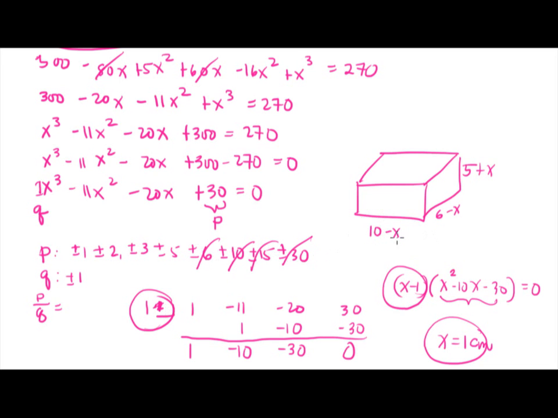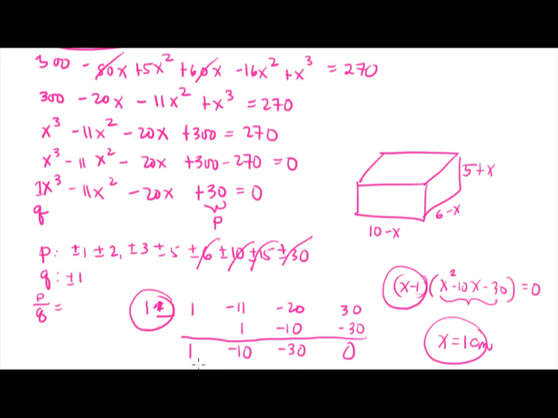Like for 10 minus x, you cannot accept more than 10. For 6 minus x, you cannot accept more than 6. So we limited it to 1, 2, 3, 4, 5, and when we tried 1, it turned out to be the answer.